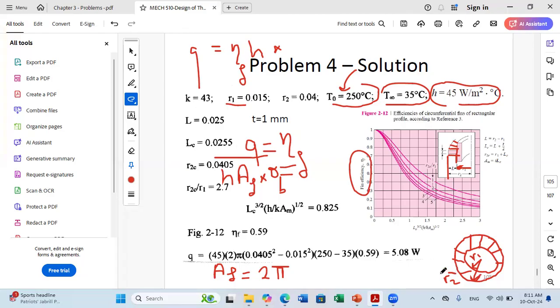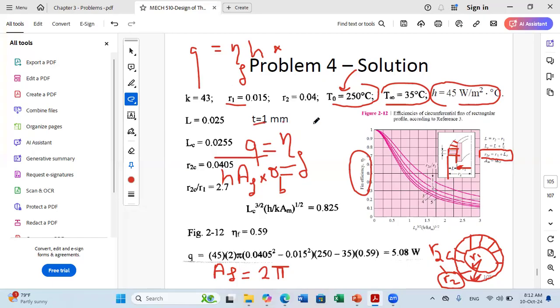And instead of R2, I should replace R2 here by R2 corrected. And we said, what is R2 corrected? The formula is given here. R2 corrected is R2 plus the corrected length LC. If we consider the correction here, the thickness T of the fin is given as 1 millimeter.